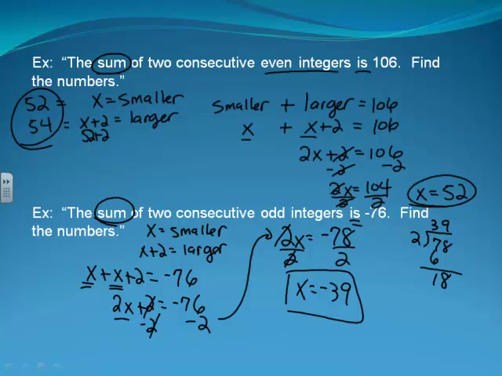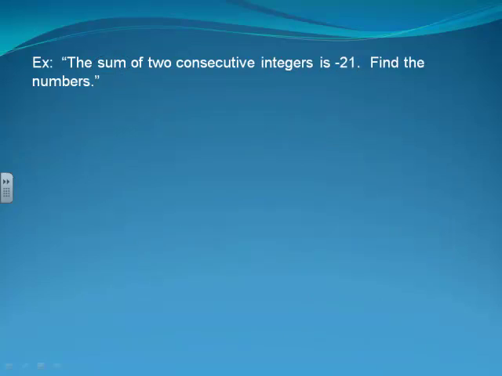Now you're almost there. That's your smaller number. The next integer in the series then will be x plus 2, which is 39 plus 2, which is 41. So your two integers are 39 and 41.